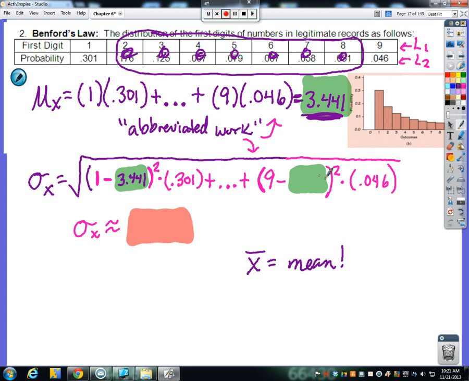So 3.441 there, 3.441 there. And so now it makes it look like I did all my work for my standard deviation. Now the standard deviation is the sigma sub x that you see further on down towards the bottom, and I see 2.462 if I were to do 4 significant digits. So sigma sub x, there's our standard deviation.